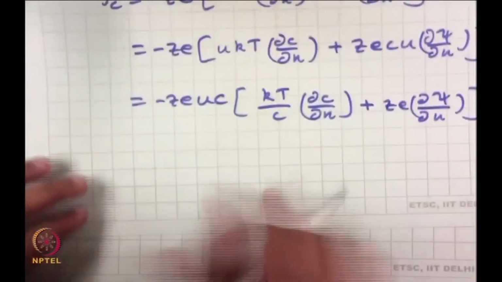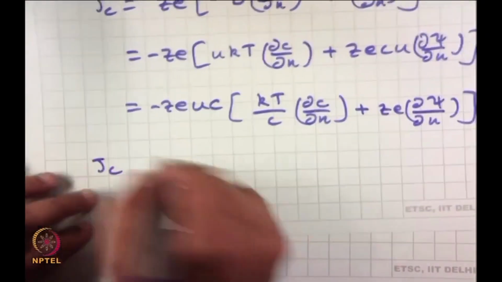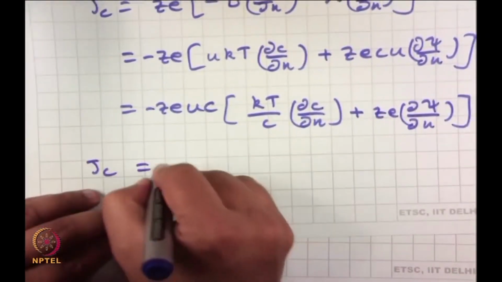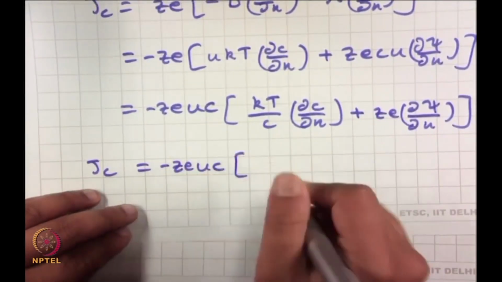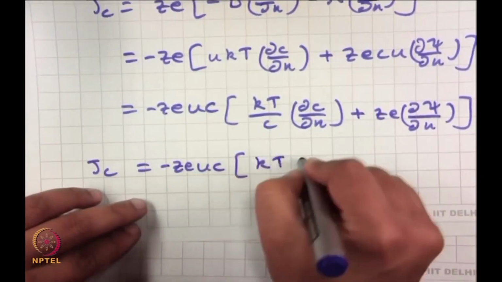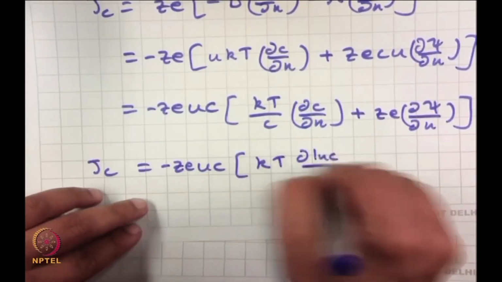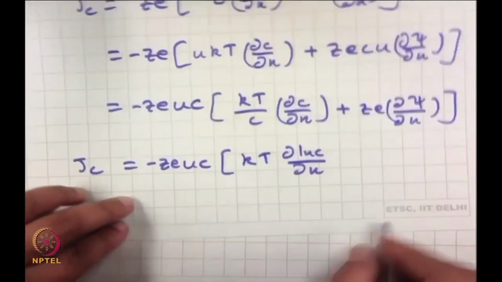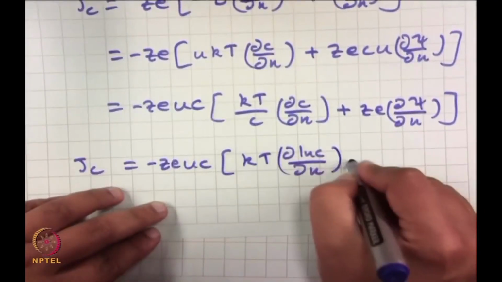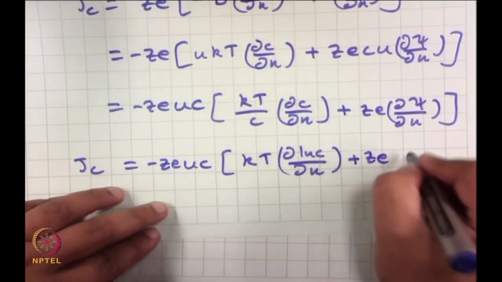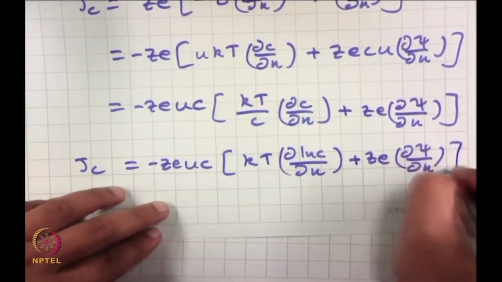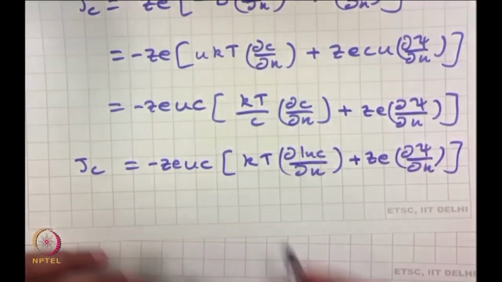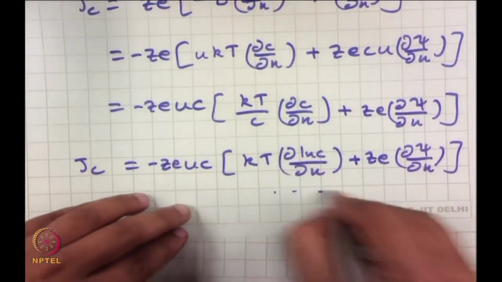Or finally, I can write J C is equal to minus Z E U times C, this is K T del of ln C over del of x plus Z E del of psi over del of x. And let this be equation number 10 for me.